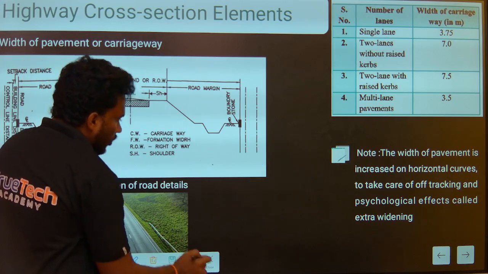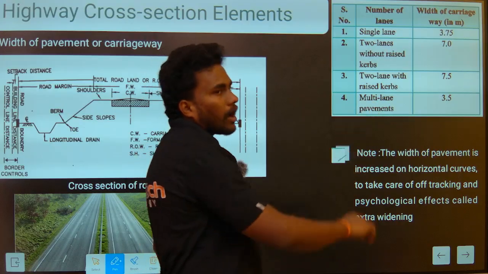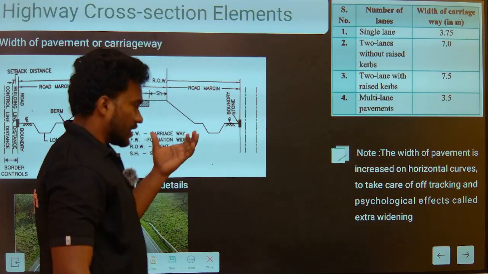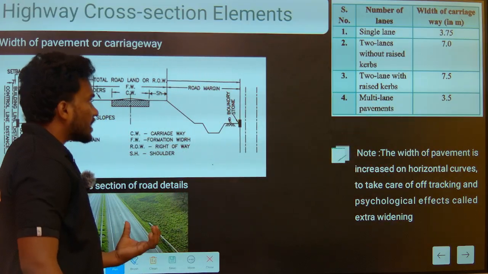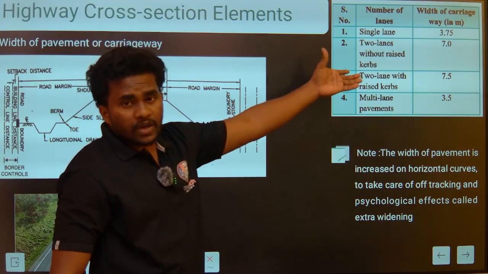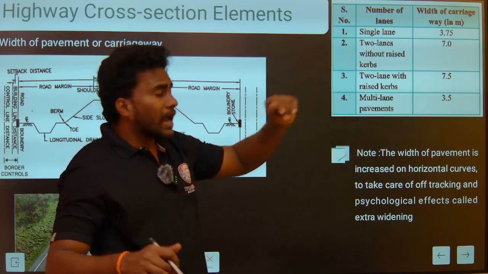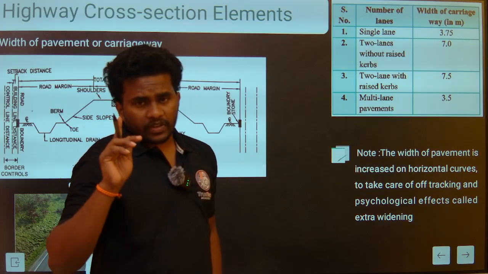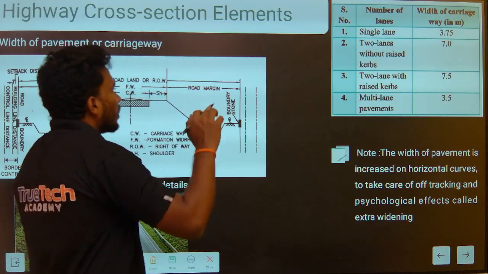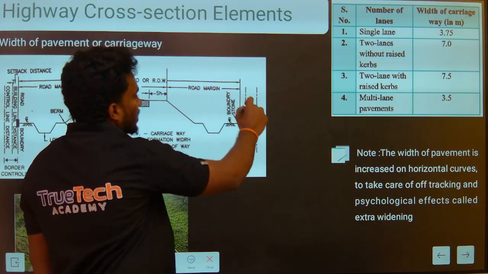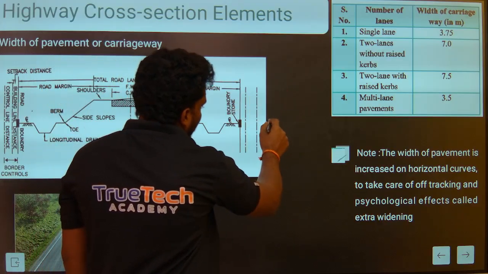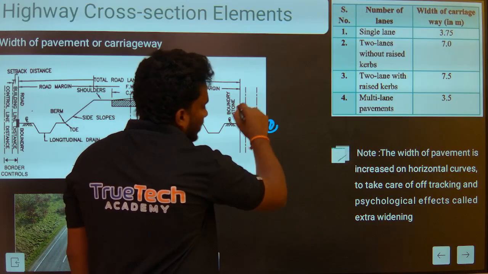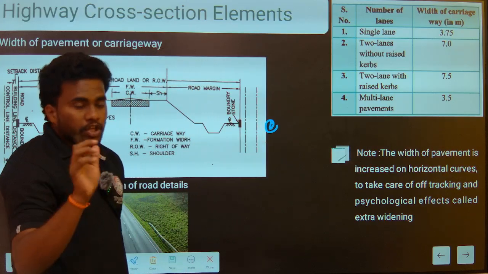Now you can understand how we construct a road surface and what the width of the road surface is. The important thing is that the width of the carriageway depends on the width of the vehicle.